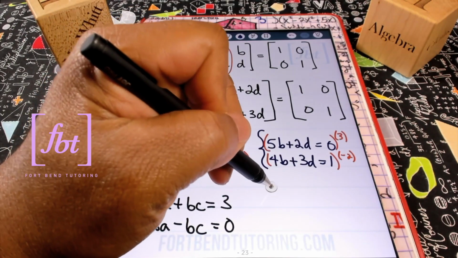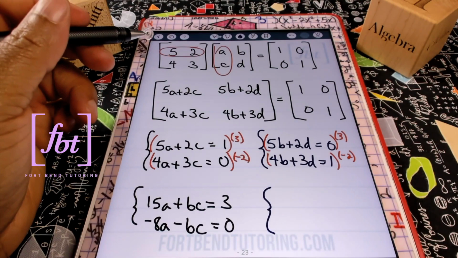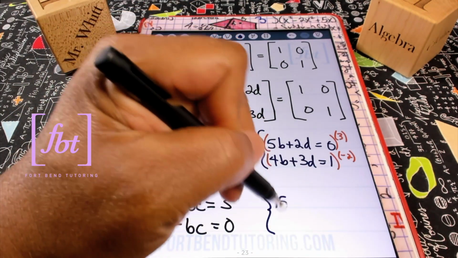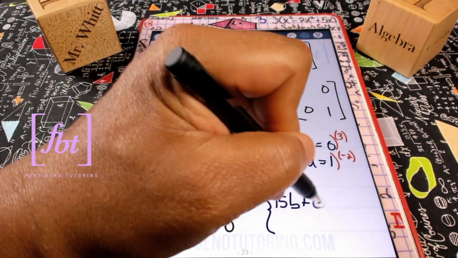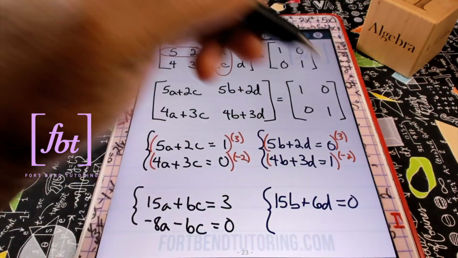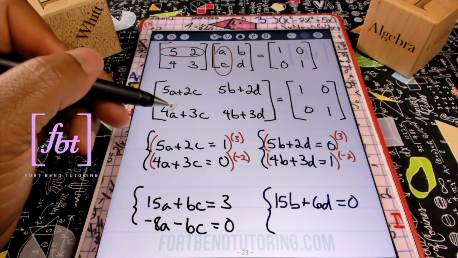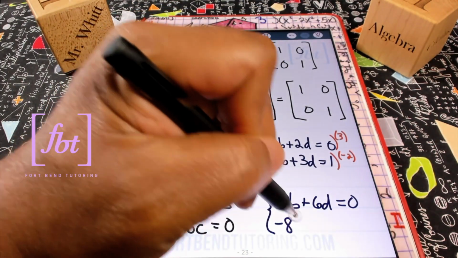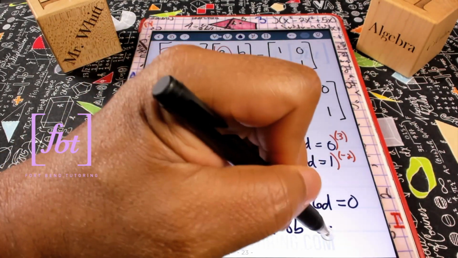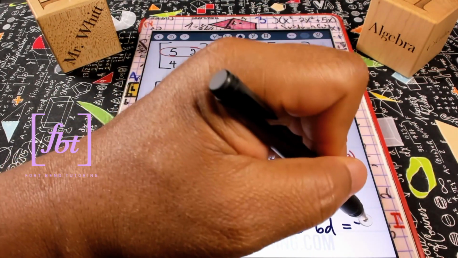This gives me a rewritten system that is 15B plus 6D equals 0, and the second equation in the system will be -8B minus 6D equals -2.